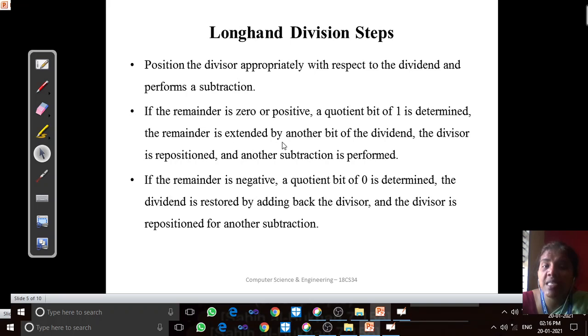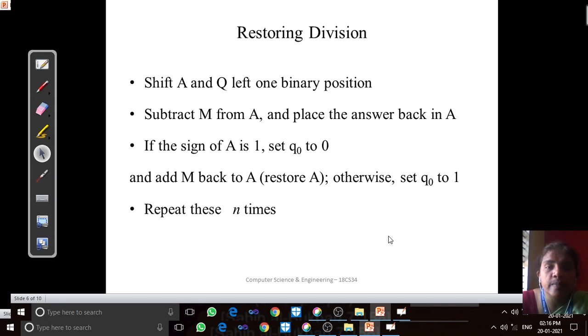The remainder is extended by another bit of the dividend. The divisor is repositioned and another subtraction is performed. As I just told you, if the remainder is negative, a quotient bit of 0 is determined and the dividend is restored. If it is negative, you have to restore by adding back the divisor, and the divisor is repositioned for another subtraction.